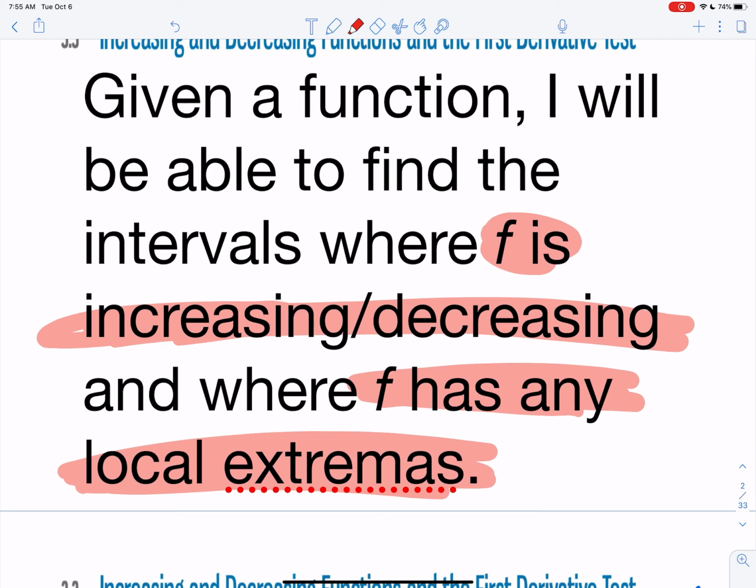So remember, absolute extremas can occur at the endpoints or at a critical number, okay? A critical number is where the derivative is equal to 0. So a lot of that doesn't really change in this section here, okay? You're going to see how it carries over. So instead of absolute extremas now, we're just going to focus specifically on local extremas and what's happening before and after that, okay?